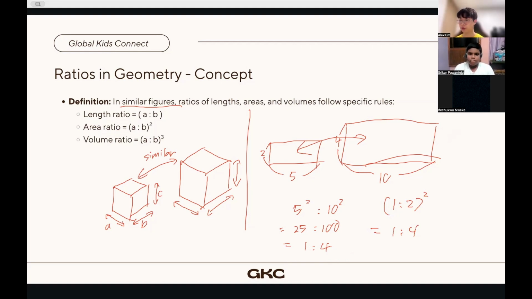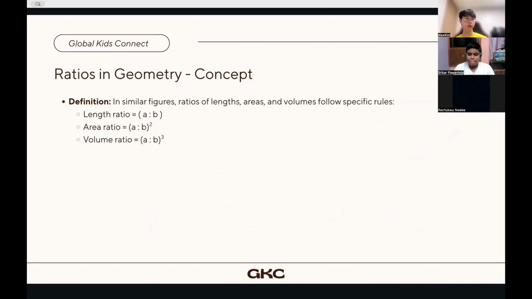If the question asks for the ratio of a volume, or if you need to find the volume of a larger or smaller shape, then you just cube the length ratio itself, so as to get a to the power of 3 to b to the power of 3. So this is a quick explanation regarding the ratios in geometry for length, area, and volume.